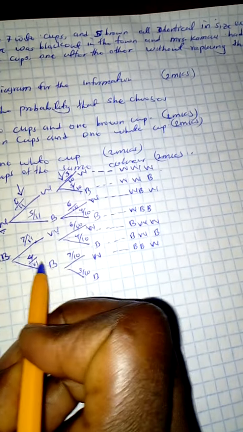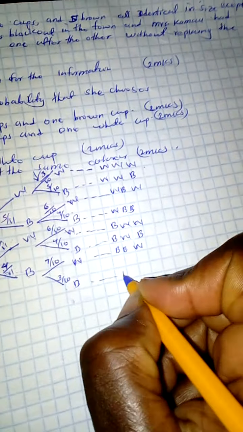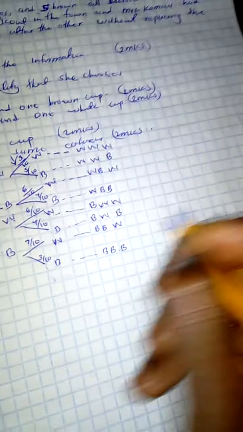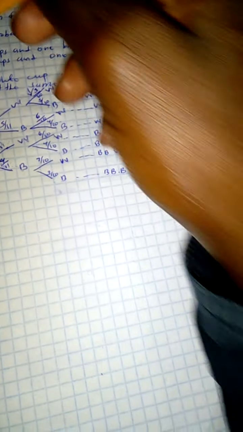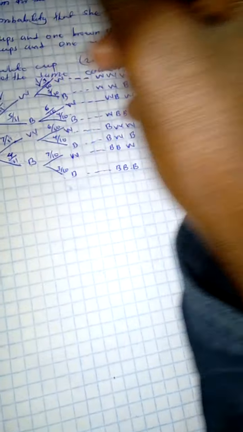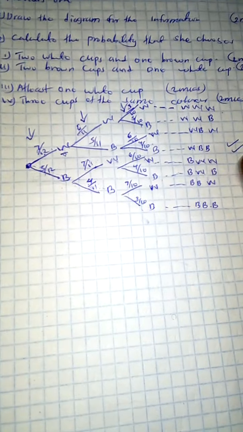Then this one here, brown, brown, brown. Now those are the outcomes. Now the tree diagram will help us to answer the questions, to calculate all these probabilities. The first question was to draw the tree diagram, and this is the tree diagram that they wanted.